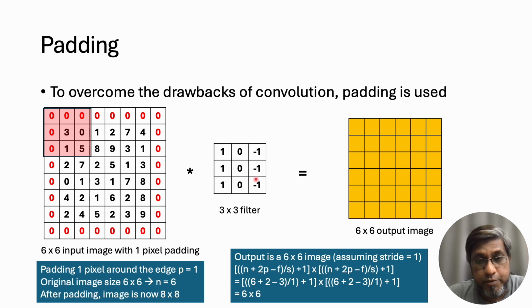That way, the second drawback of convolution is also addressed by using padding. So padding is used for these 2 purposes: to keep the dimensions of the output image the same as the dimensions of the input image in terms of width and height, and also to make the utilization of the corner pixel values more frequent in the convolution process.